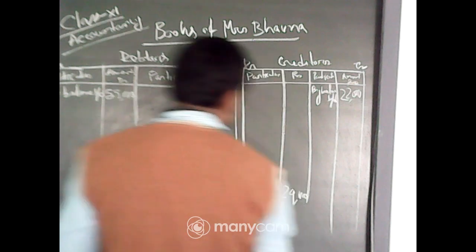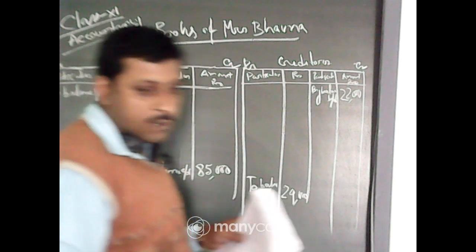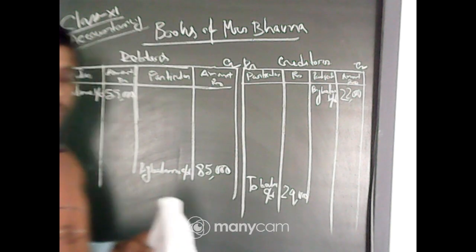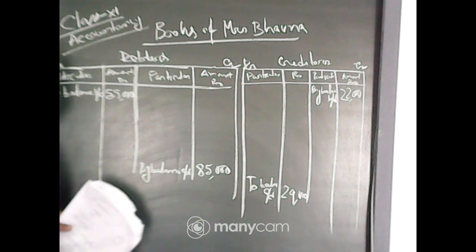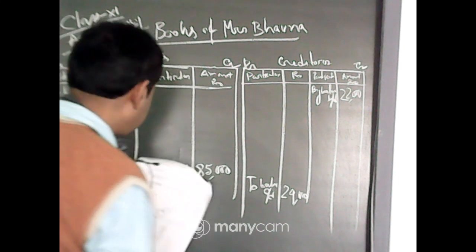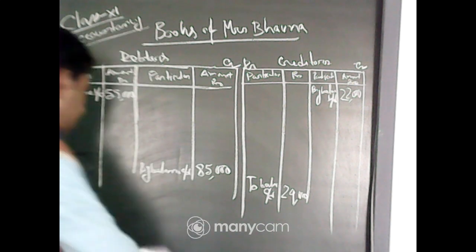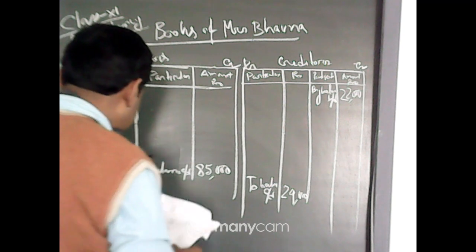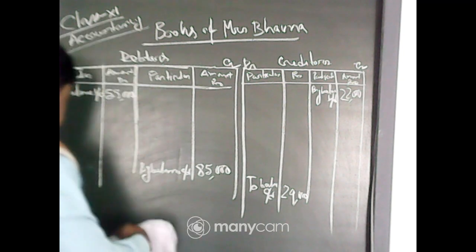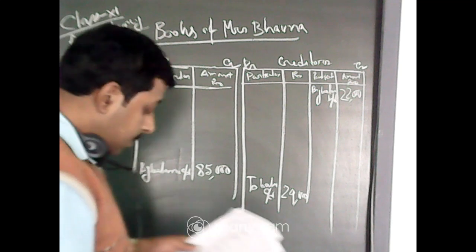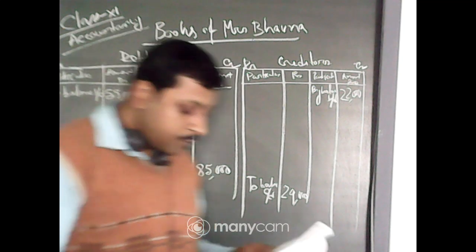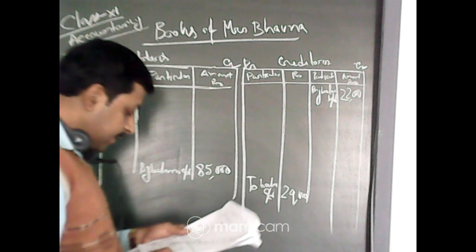Here I am making it in T form, but in your examination you have to do it in a proper ledger form. That is date, particulars, amount rupees, and date should also be maintained. Now from the cash summary, you can see in your book there is cash paid to creditors.